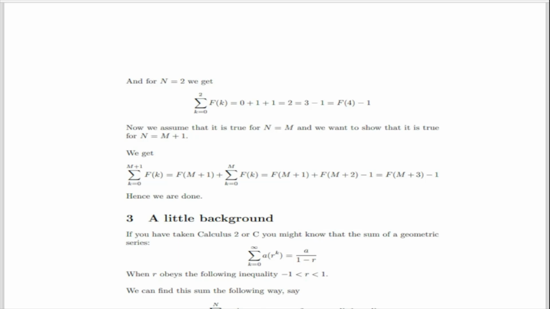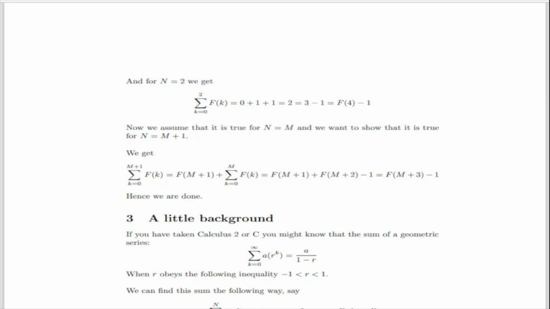So we can take the sum from k equals 0 to k equals m plus 1 of f of k. Well, if we take that, we can actually take out the m plus 1th term and put it on the outside to get f of m plus 1 plus the sum from k equals 0 to k equals m of f of k.